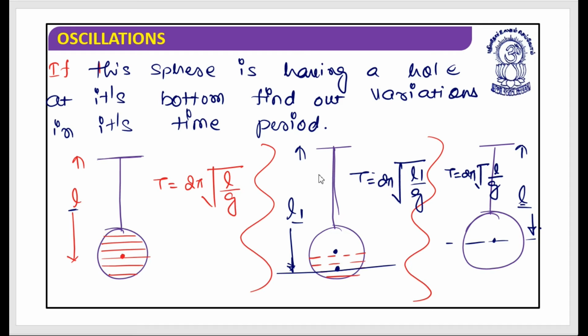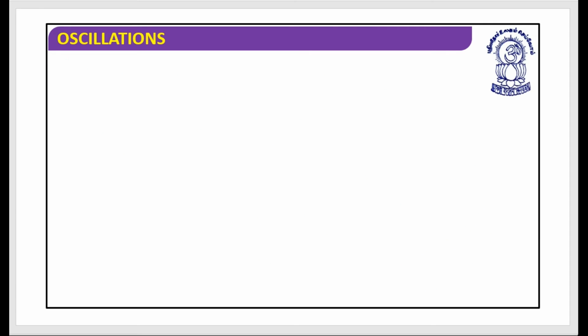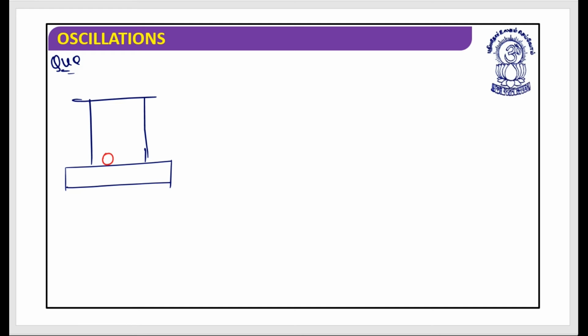Yes, so please understand this principle very carefully, and let's have one more question based on this principle. Let's suppose the question says, have you seen the swing? Yes, have you enjoyed it in your childhood? Let's have a look. Initially you were sitting on the swing, and your time period was T. Then you felt bored that this is not having fun, and you just stand up, and now your time period is T dash.